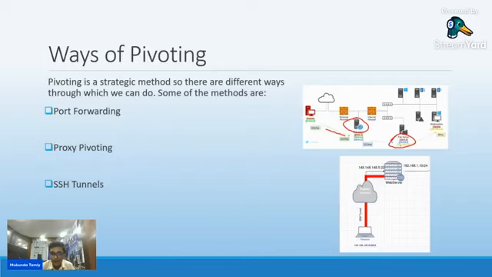What happens if we do that? The internal port 80 of our internal system is hosting a service. It will forward it to this, then to this, then to my attacker system.